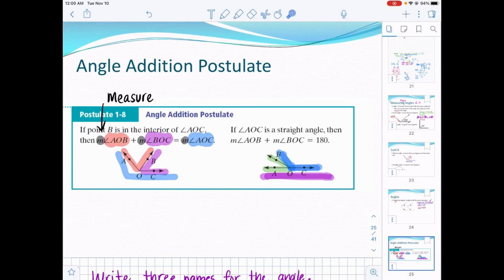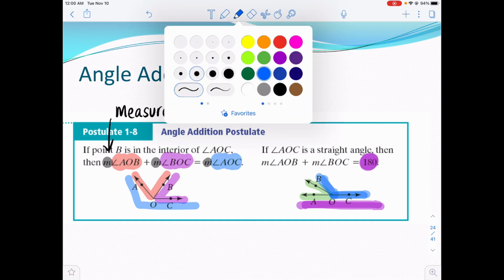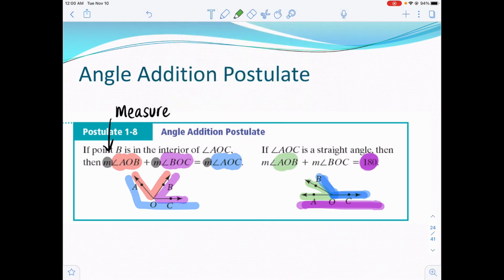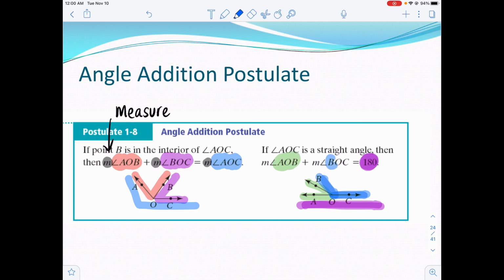So that's exactly what it is, that the angle AOC is equal to 180 degrees because it is a straight angle. So going back to our information, angle AOB plus the other small angle, which is angle BOC, is equal to 180 degrees, our straight angle.